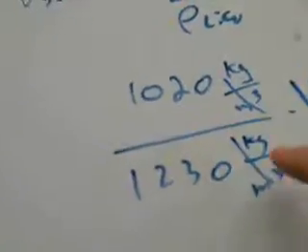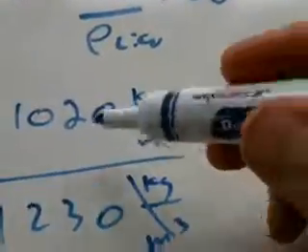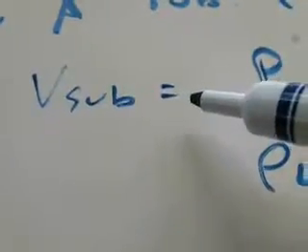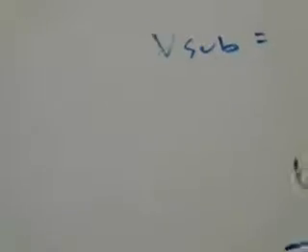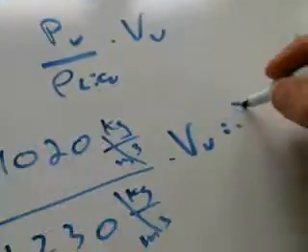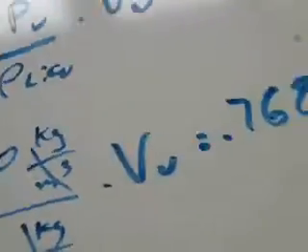That much of u is what is submerged. So it's that ratio of densities. What 1020 divided by 1230 is, ish, 0.768. That's the decimal version.